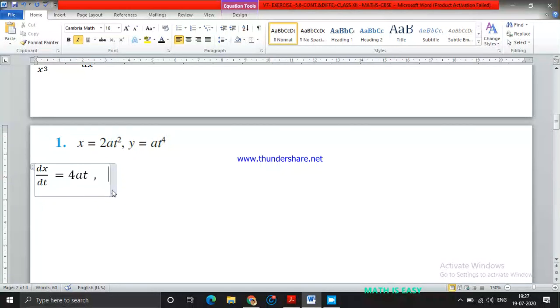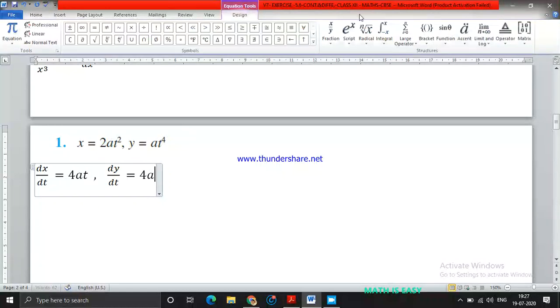Now similarly, dy upon dt equals, a is a constant, and t to the power of 4. The differentiation of t to the power of 4 is 4 into t cube. So it will be 4a t to the power of 3.